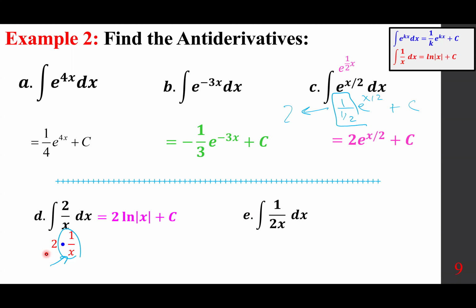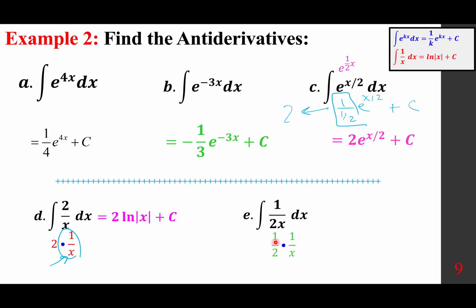And the same thing happens here. We are going to rewrite this so it becomes clear what we have right now. One half times 1 over x.